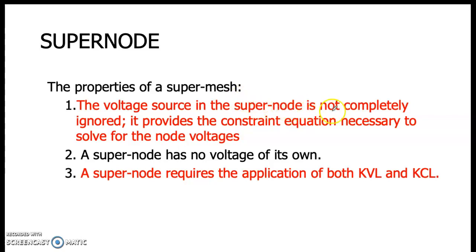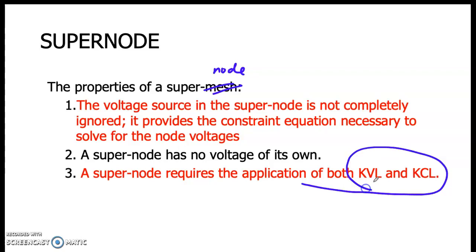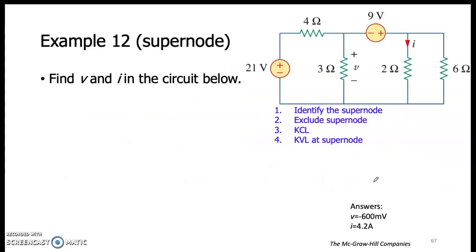The voltage source in the supernode is not completely ignored. It provides the constraint equation to solve the node voltage. So the supernode has no voltage of its own. So it requires both KVL and KCL.